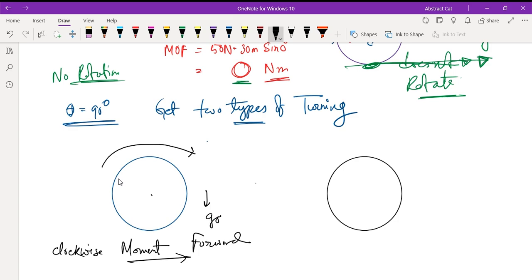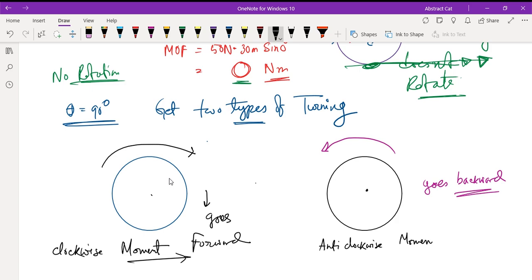And if the body rotates backward, it goes backward, which means an anti-clockwise moment. This is called anti-clockwise moment. The body rotates in that direction. So as there is a clockwise moment, there is an anti-clockwise moment.